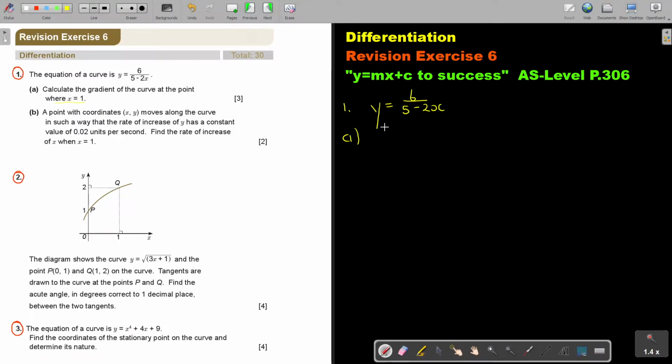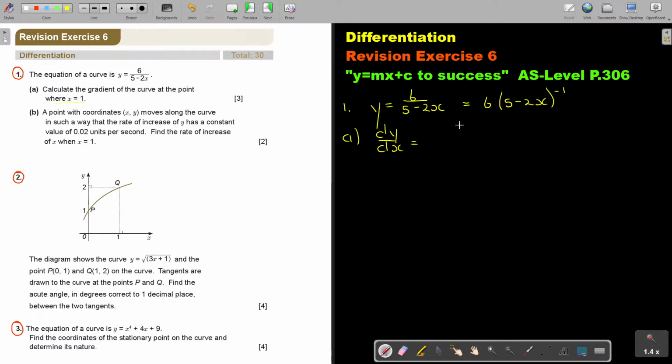Be careful, because if you differentiate this, you must first take it to this form and follow the chain rule. In this video, I'm just going to focus on the short method of the chain rule. Can you still remember? It's dy over dx: I differentiate the outside and I multiply it by differentiating the inside.